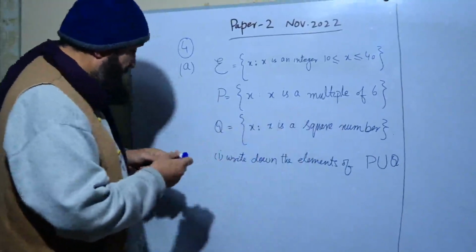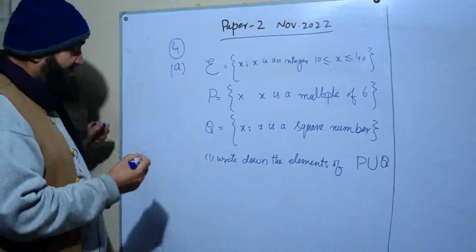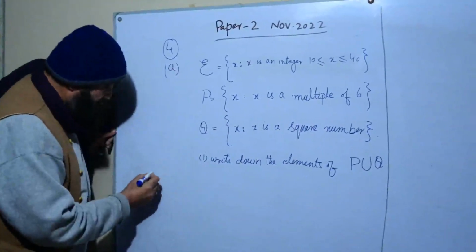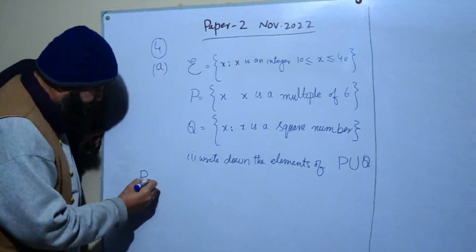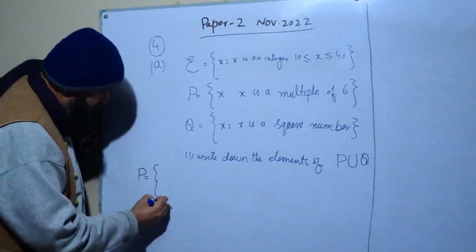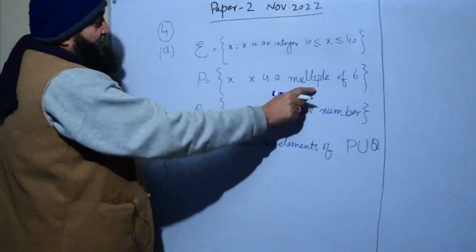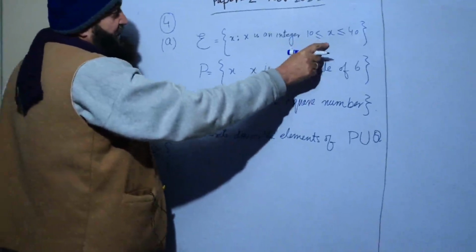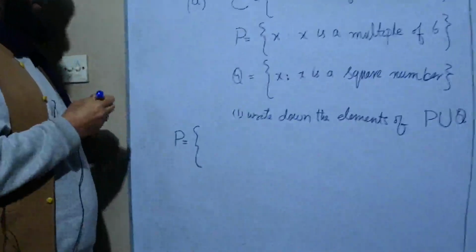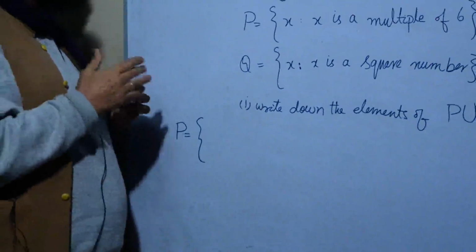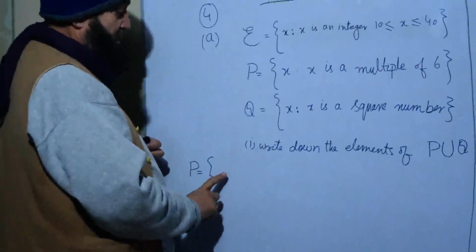So for P, first of all we list the elements of set P. P is equal to those multiples of 6 which lie between 10 and 40. 6 ones are 6. 6 is a multiple of 6, but 6 is less than 10, so it will not be included here.